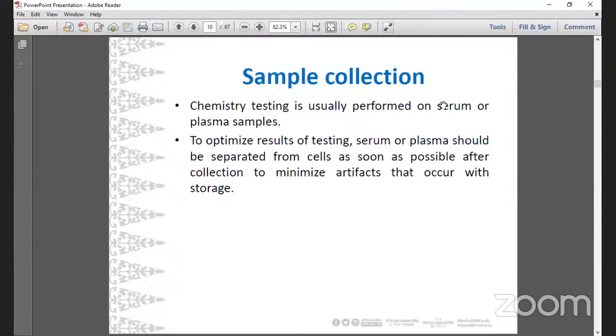And in order to optimize the result of the chemical testing, the serum or plasma should be separated as soon as possible after we collect it so that we can minimize the artifact that occurs in the test.